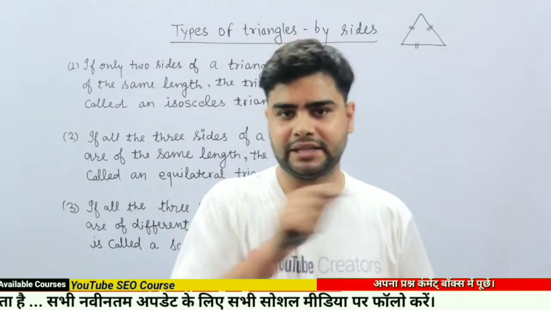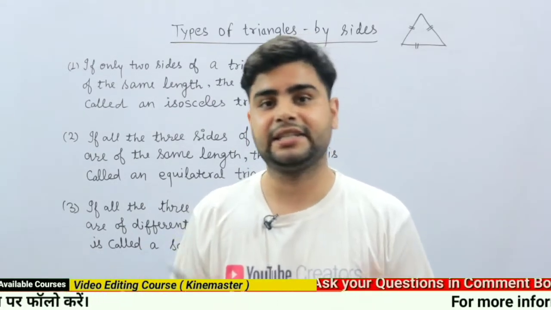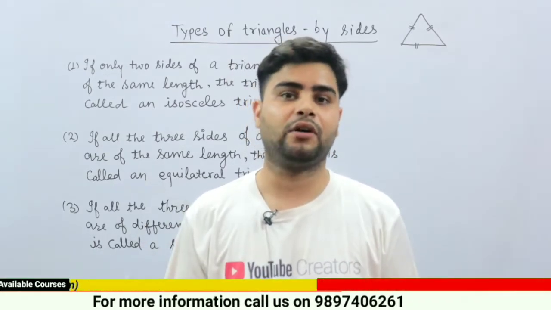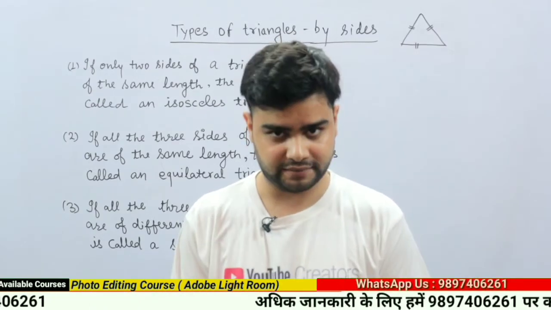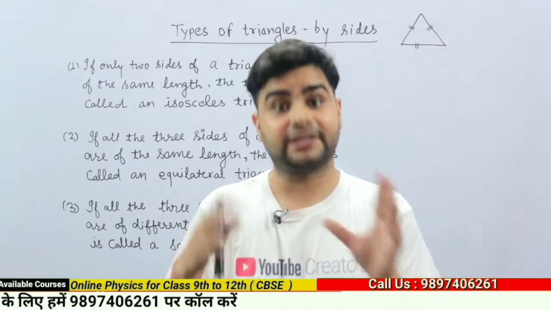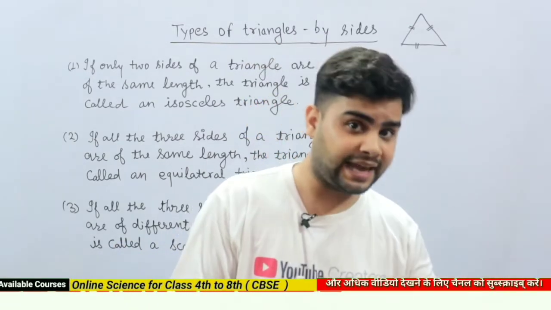If all the sides in a triangle are different, then these kinds of triangles are said to be scalene triangles. Okay, if all the sides are different, then this triangle is called scalene.